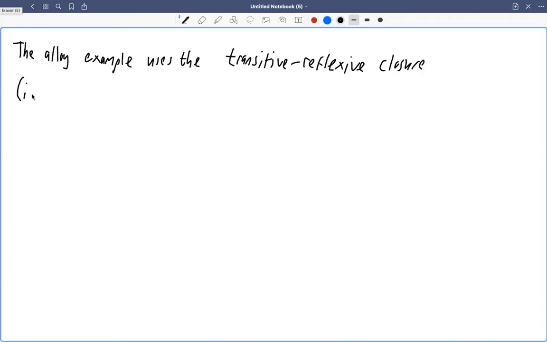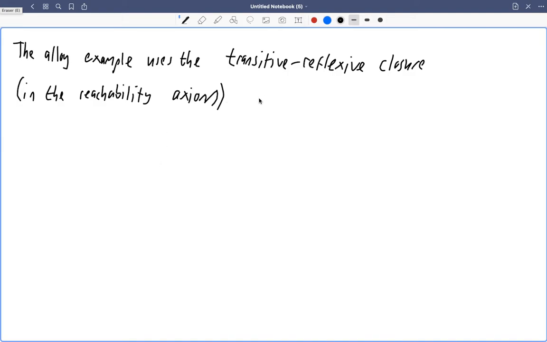This is in the reachability axiom. Oh, it's going very slowly because Alloy is running in the background.